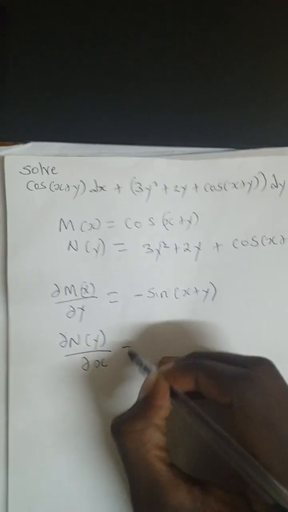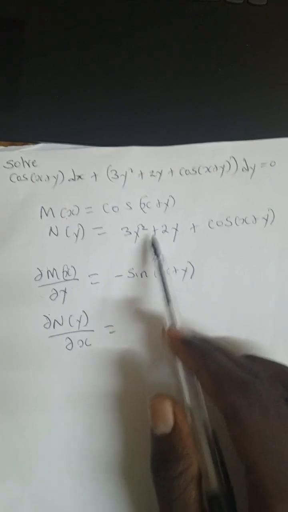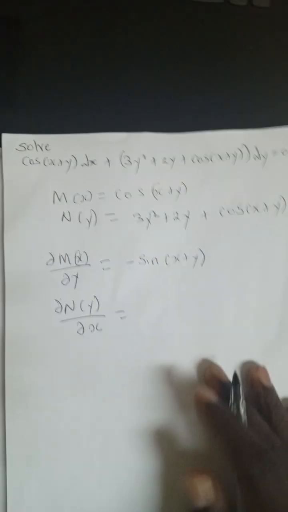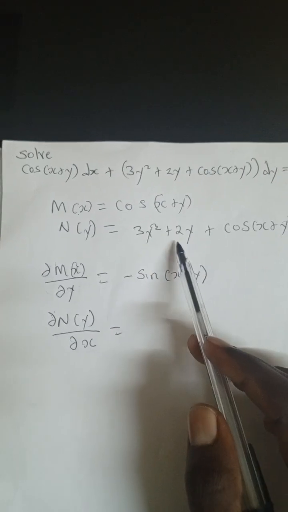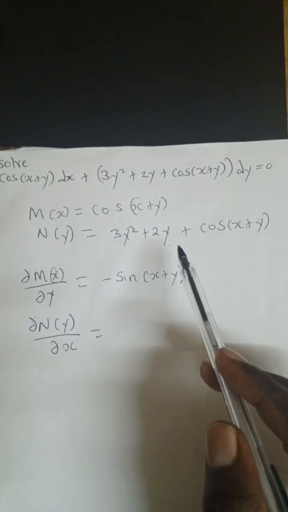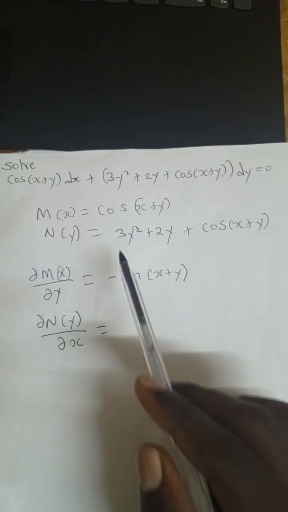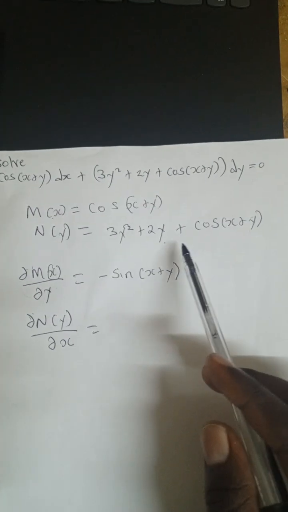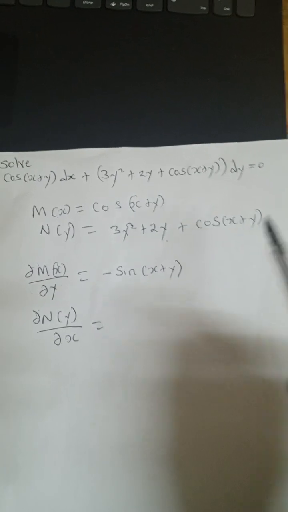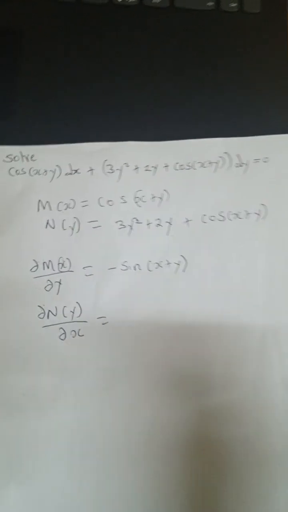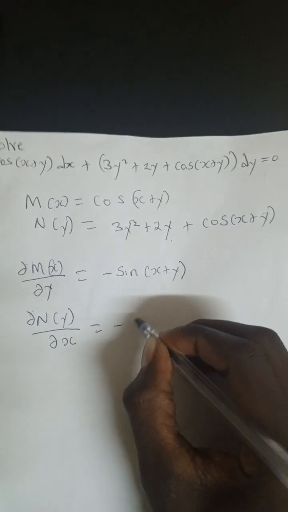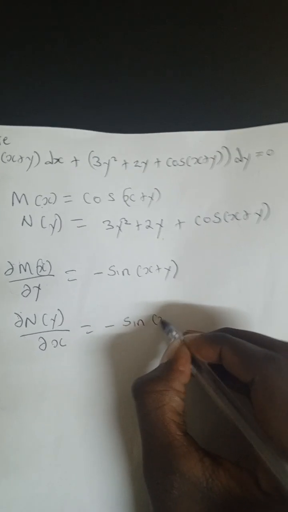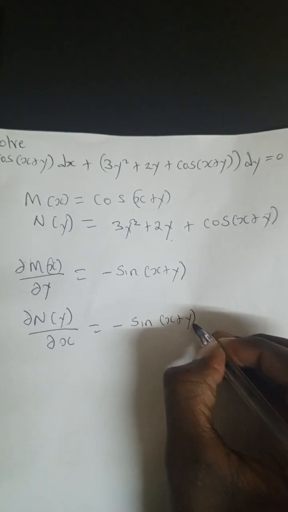When we differentiate 3y² with respect to x, we're going to get 0. When we differentiate 2y with respect to x, we're going to get 0. Now, when we differentiate cos(x + y), we're going to get negative sin(x + y).